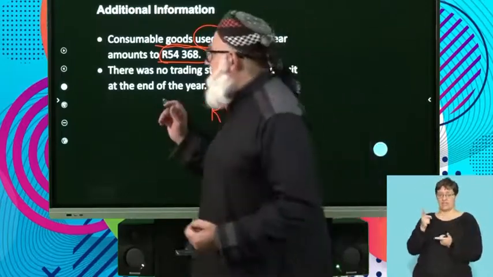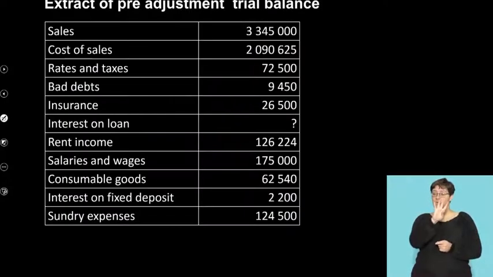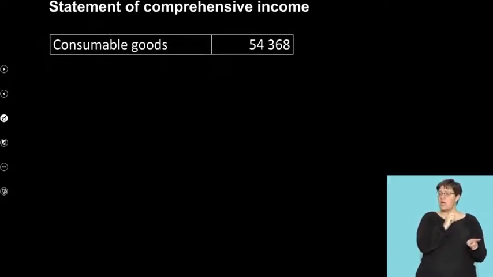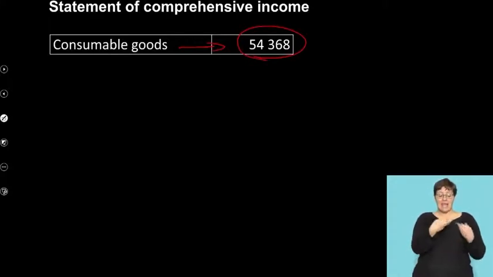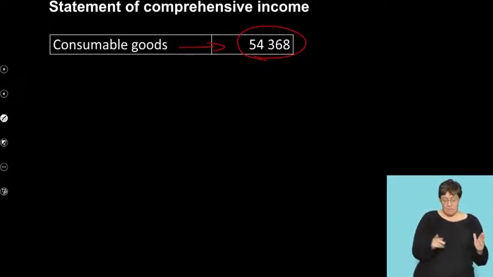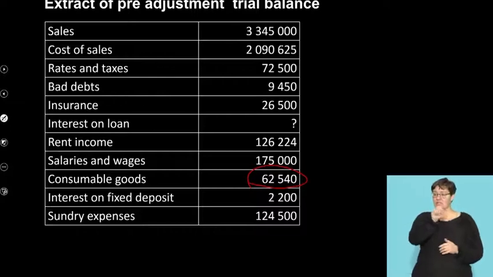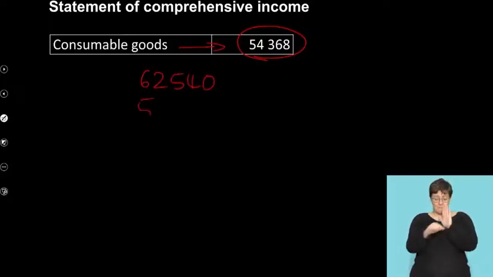So therefore, this is what we do. If that's the amount that we used, clearly you can see here, here's your consumable goods that you bought, 62,540, but the amount that you used, the moment that figure is given to you, that becomes the final figure for your income statement. Obviously, the difference between what you had purchased, 62,540, minus the 54,368.